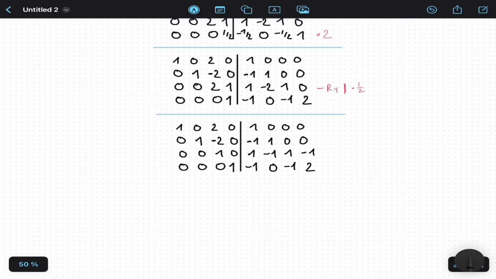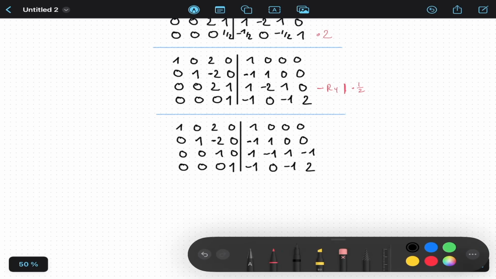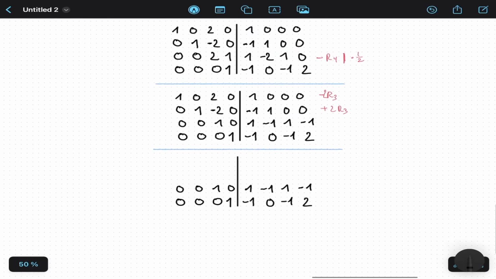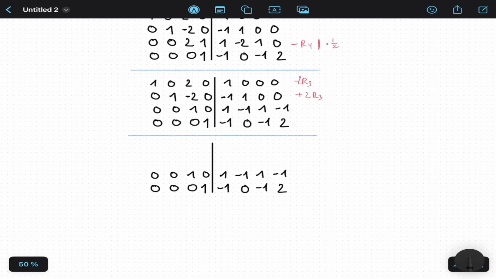Okay, good. And what we need to do here is basically we need to subtract -R3 2 times. And here we have to add 2 times R3. Okay, so first row. The first one will be a 1.